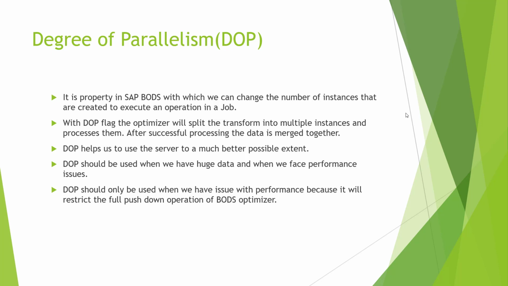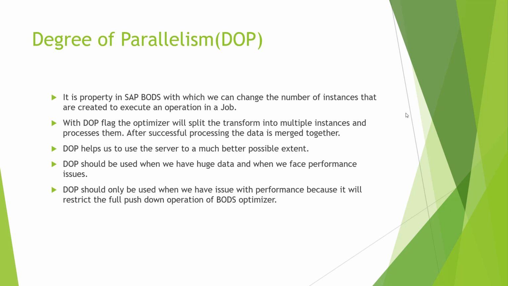So with the DOP flag, the optimizer will split the transform into multiple instances and later the data is merged together. So degree of parallelism helps us to use the server to a much better possible extent.